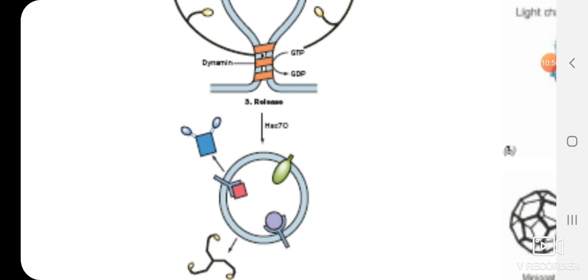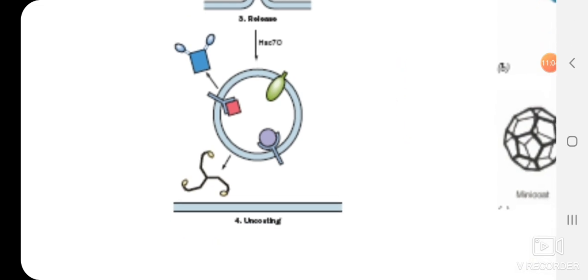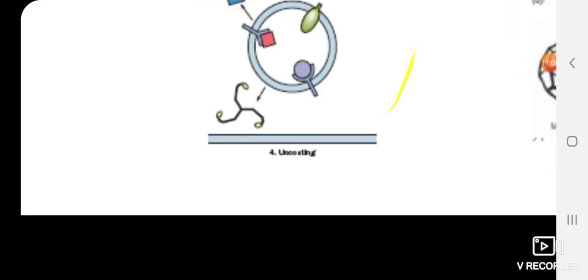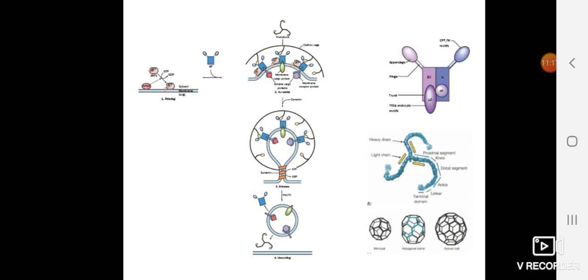which now is available for transportation as well as for the process of fusion. Okay, so this is how the formation of the vesicle takes place, and the thus formed vesicles are going to be used either as transport vesicles or as endosomes.